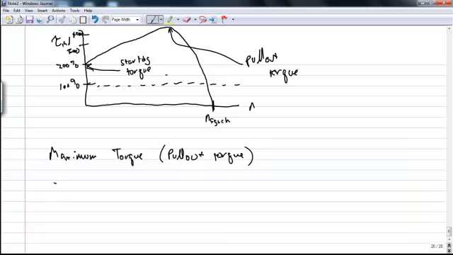Let's just start with the idea that torque, again, is equal to the air gap power divided by the synchronous speed. The synchronous speed is constant, so we can say the maximum torque must occur when the air gap power is at its maximum.